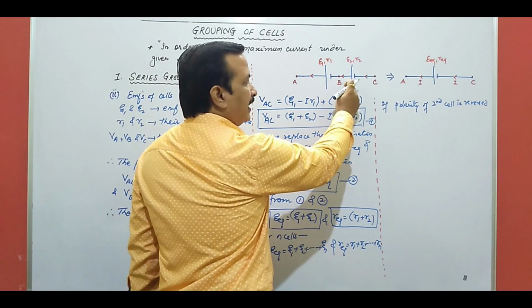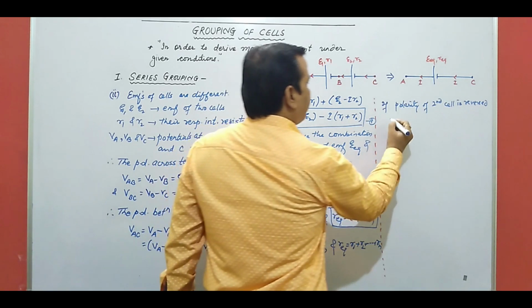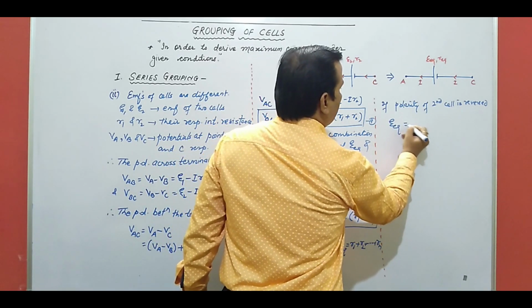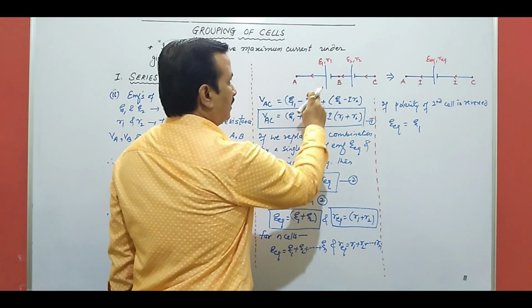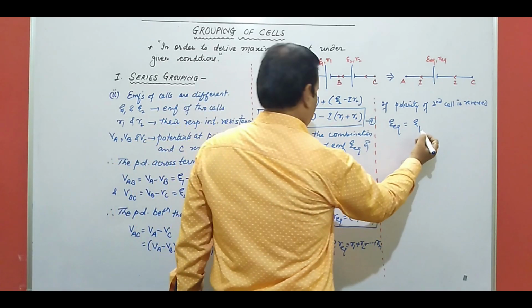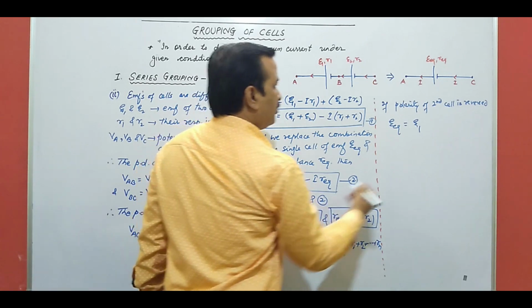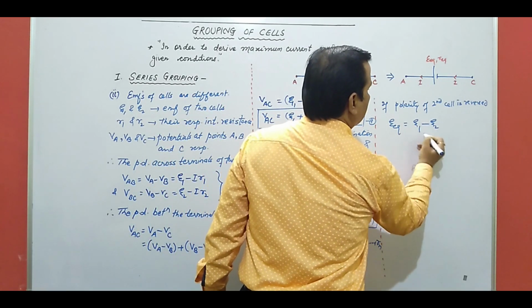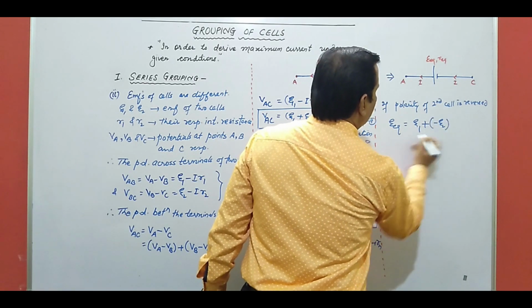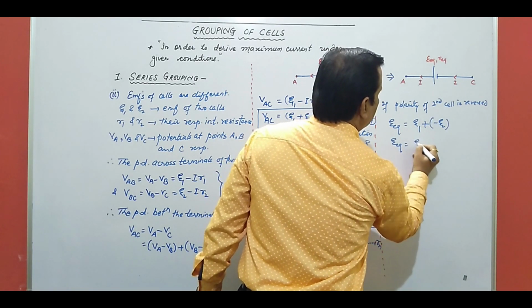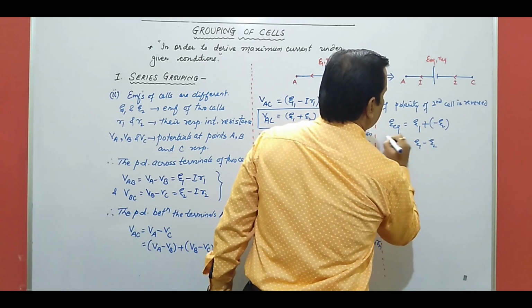If this becomes negative, what will we get? E equivalent will be equal to E1 and E2 will be minus. That means you can write plus minus E2, so E equivalent will be equal to E1 minus E2.